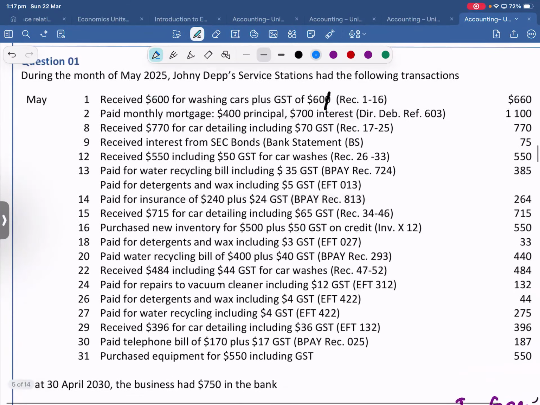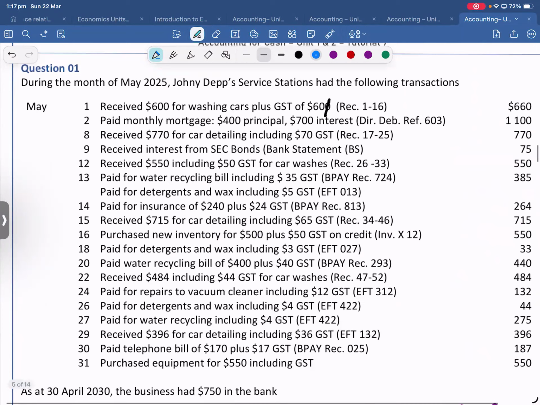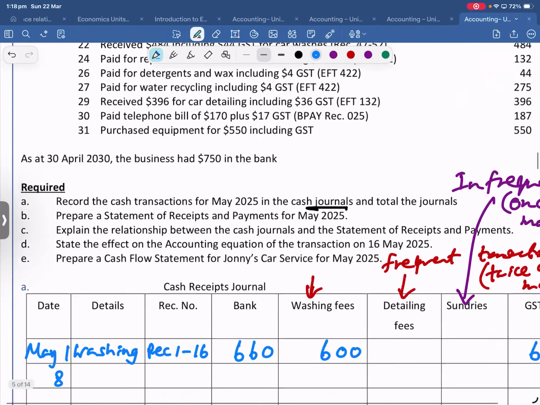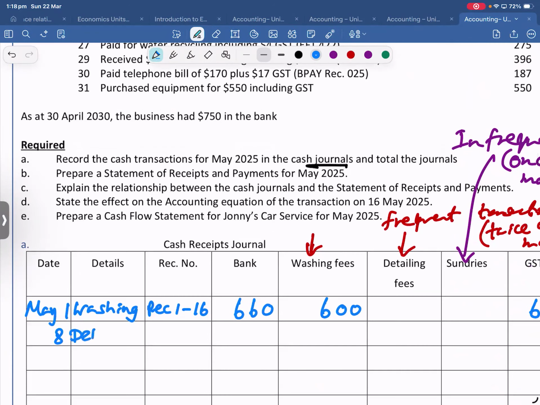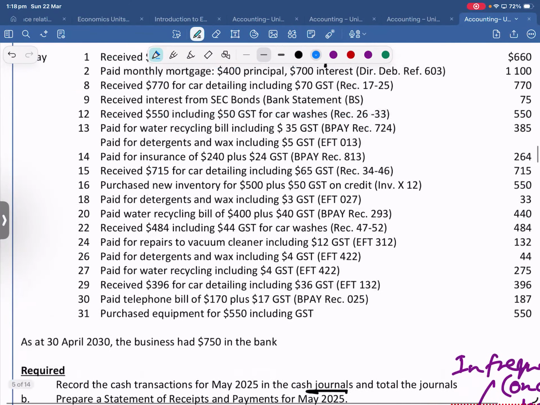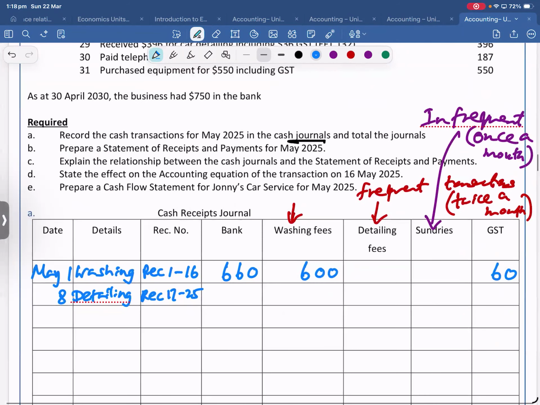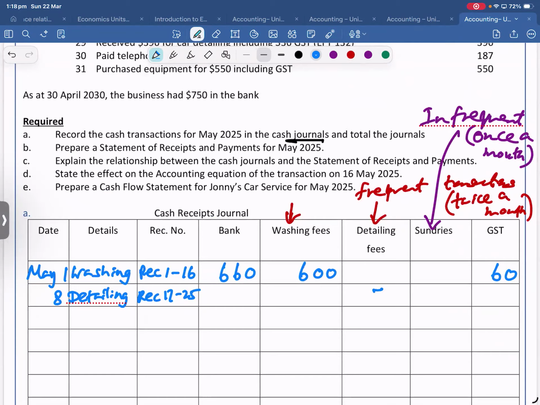May 8th, receipt 17 to 25. For detailing, I'm going to record in the detailing section 700 and GST 70, altogether bank 770.